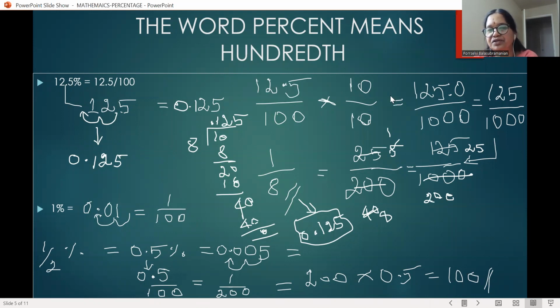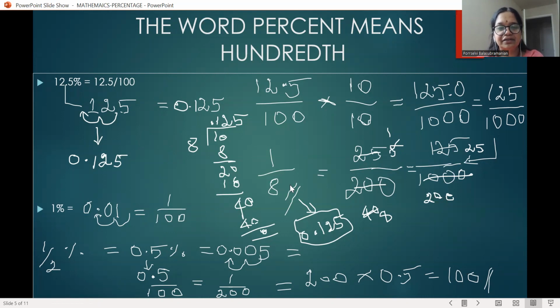So the decimal value disappears here. So I got 125.0, it means no value for this 0. So 125 is the whole number, 125 divided by 1000. When you simplify 125 divided by 1000, I took the common value 5 to divide both numerator and denominator. So I got 25 divided by 200. Again, I am simplifying 25 divided by 200. At the end, I got 1 divided by 8.